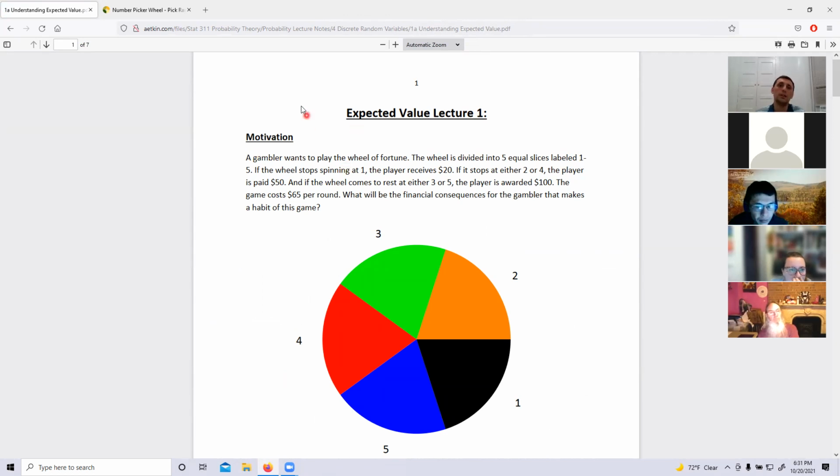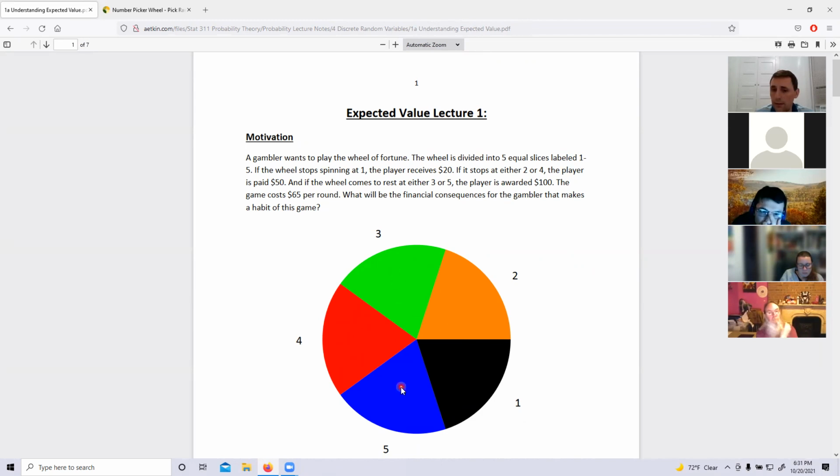Suppose that you have this addiction to playing certain Wheel of Fortune games, and you come to this carnival and see the following game. The game has a wheel with 5 equal slices. If slice 1 comes out, you are paid $20. If 2 or 4 come out, you are paid $50.